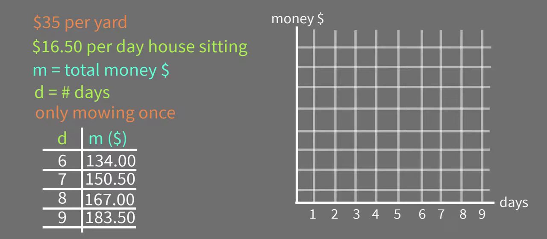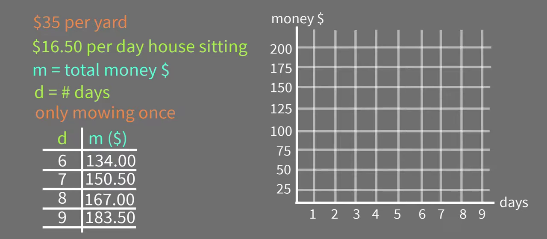So we need it to go up to that amount on our graph. As far as money is concerned, we're going from 134 to 183.50. So we will consider each one of these on the vertical axis to be $25. So 25, 50, 75, 100, 125, 150, 175, 200. And we're not going over 200, so we don't need to label it past there.